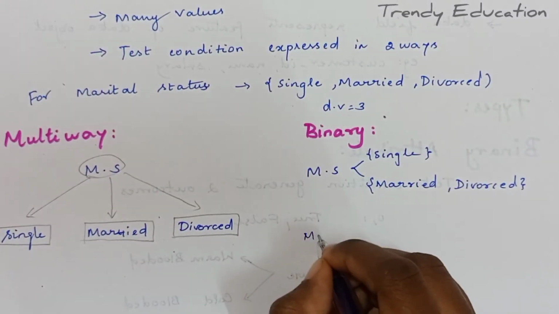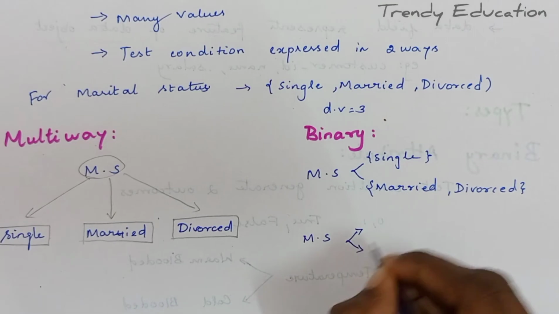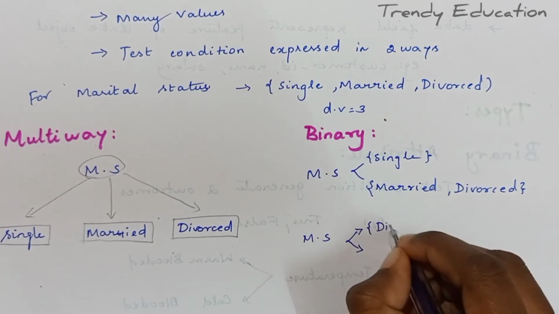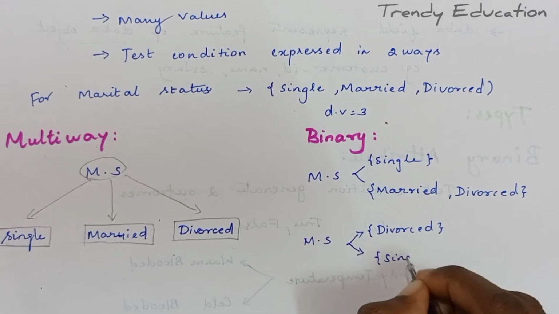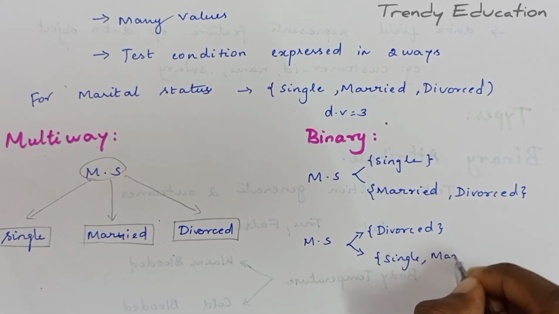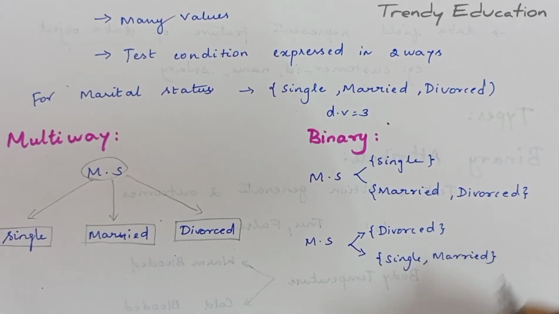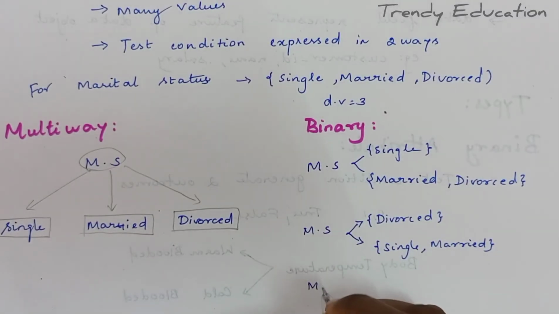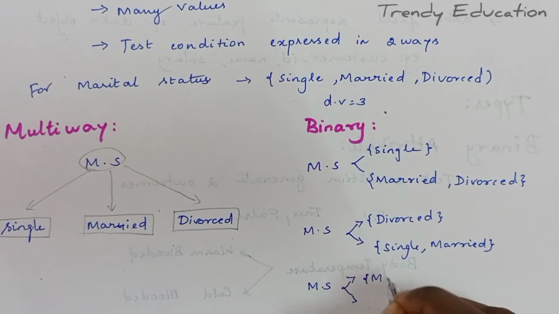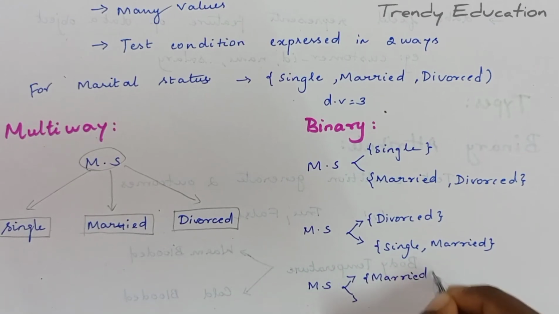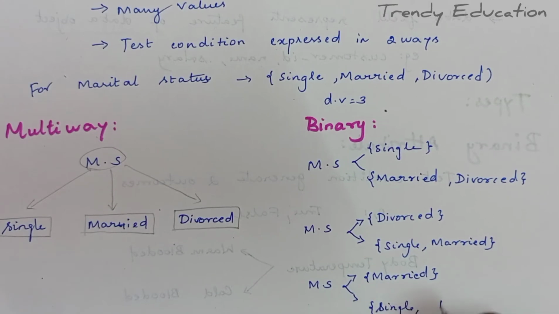Again, divorced is alone, and single and married are together. And again, married is alone, and single and divorced are together.